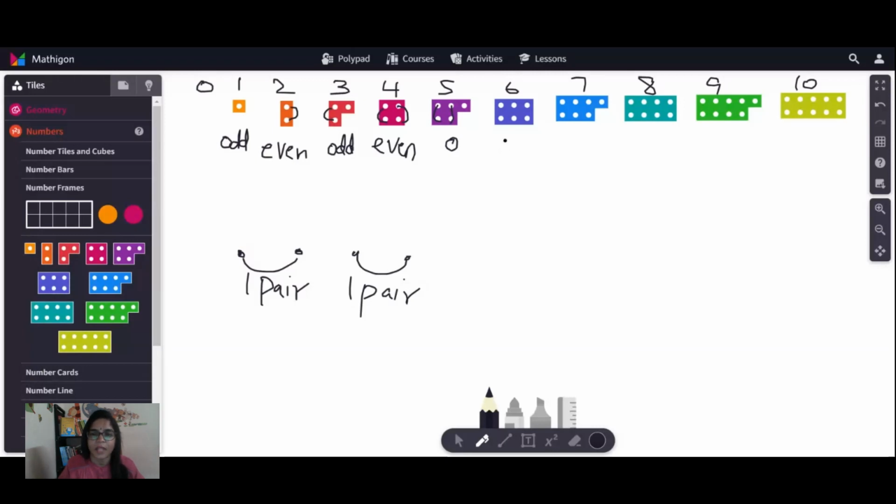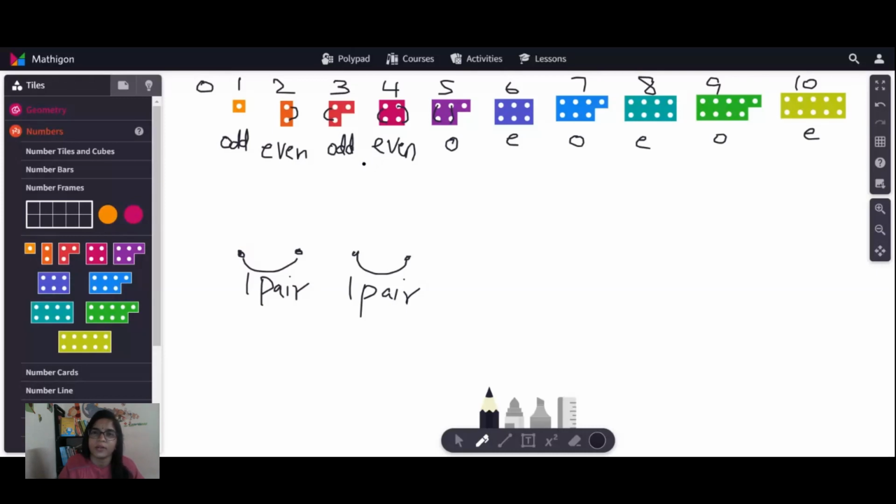Let's see. Have you written this is even, this is odd, this is even, this is odd, this is even? Have you written like this? If you have done it, then you've understood the concept. If you have not, then go back to the beginning of the video and start understanding that, and then redo it. It's okay to make mistakes. It's important to correct and keep learning.